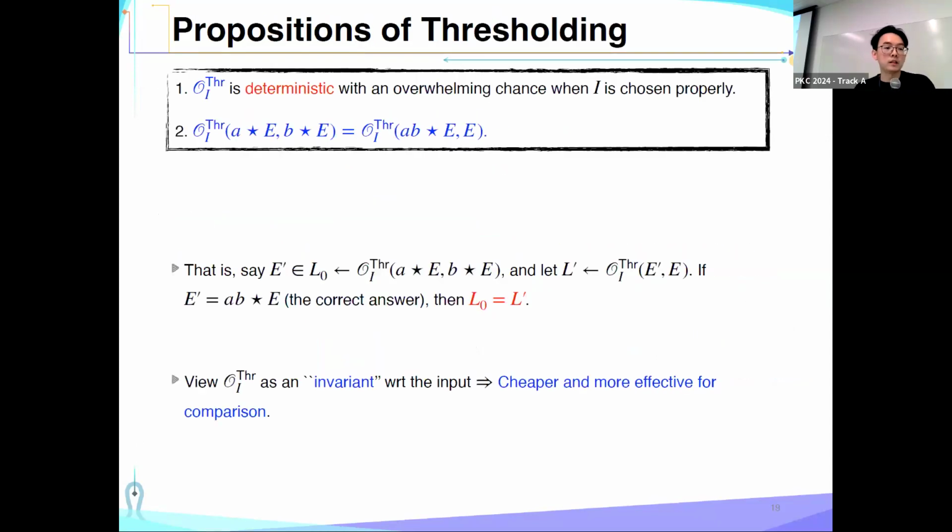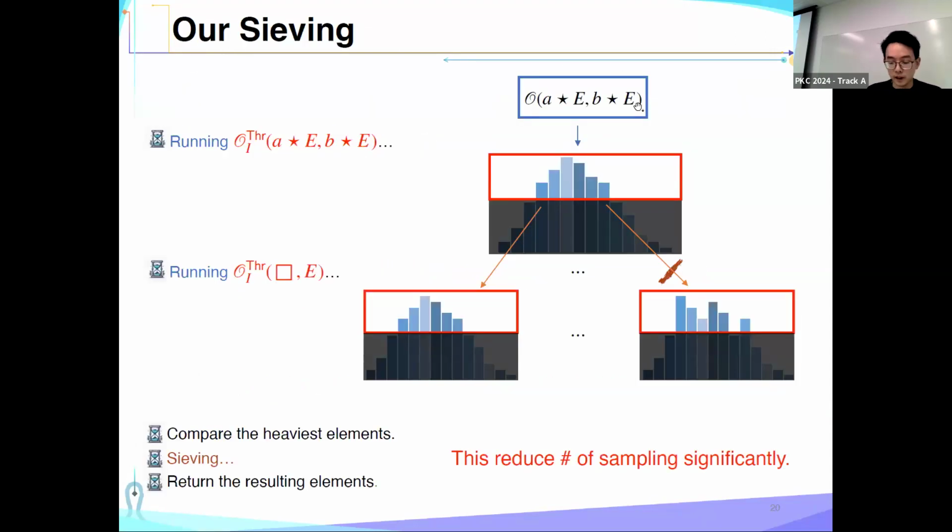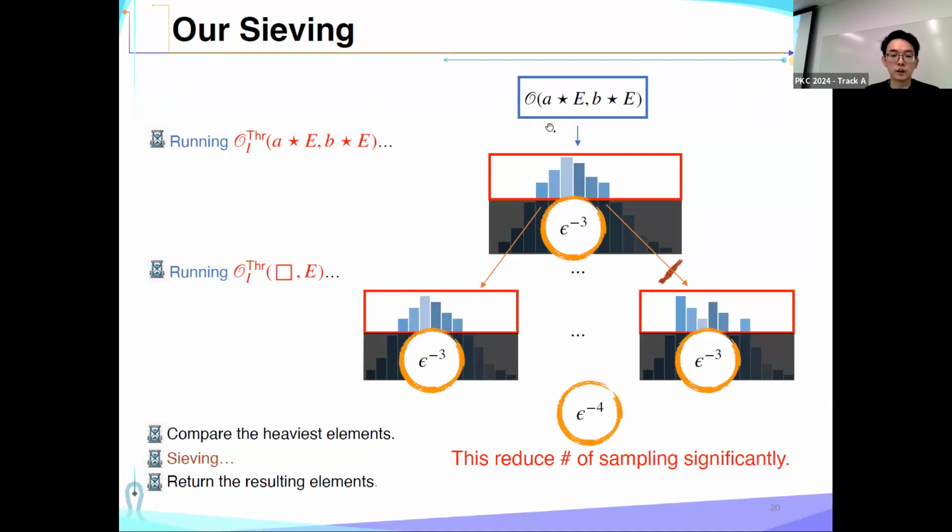And we can prove that this thresholding algorithm is deterministic with overwhelming probability. And we have the same proposition: the invariant on input (A·E, B·E) is the same as on input (A·B·E, E). So our algorithm is as follows. We run the oracle multiple times, and then we compare for every heavy element.